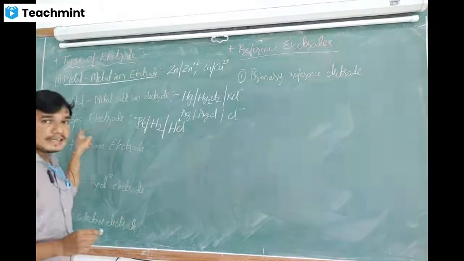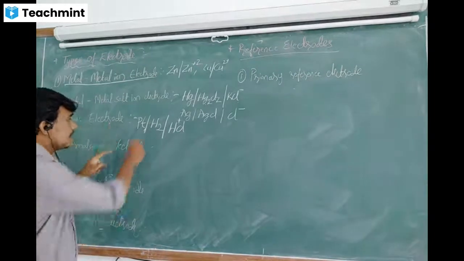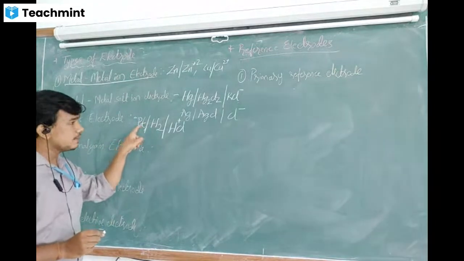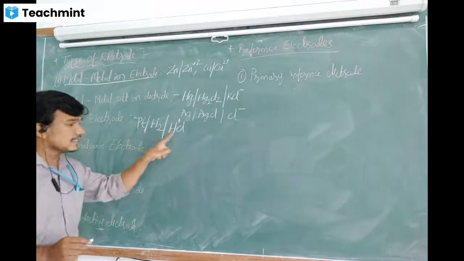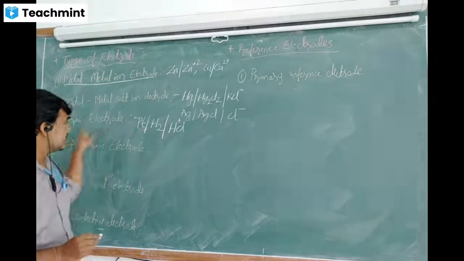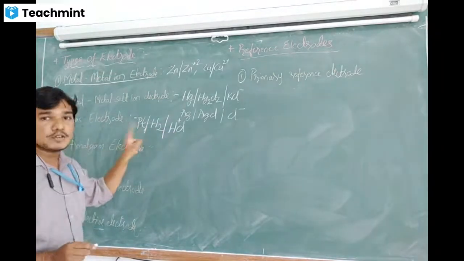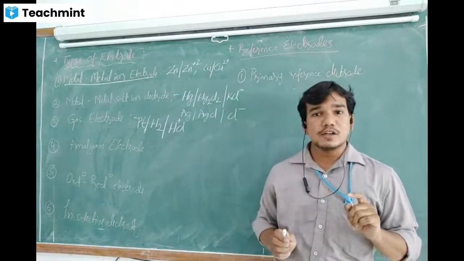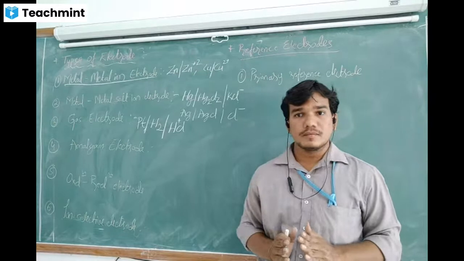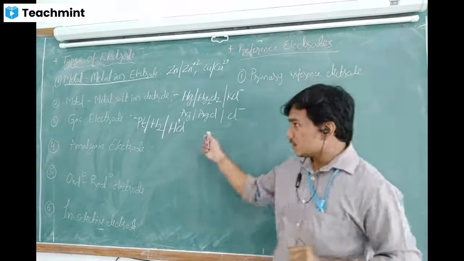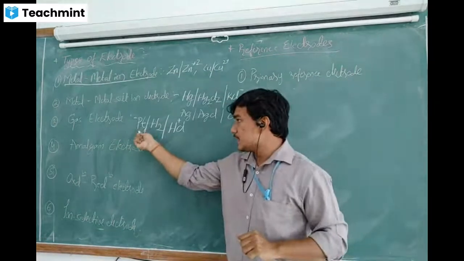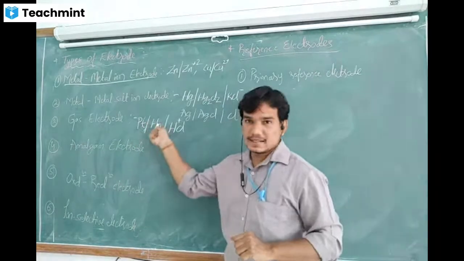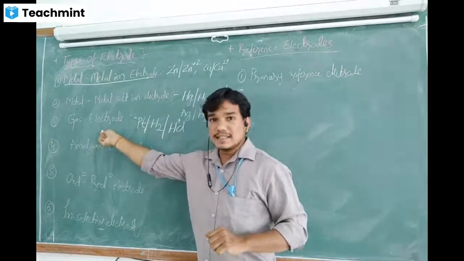A gas electrode consists of gas molecules, and an inert metal is dipped in the ionic solution of the gas molecules. An example is the hydrogen gas electrode. I think you know about SHE, the standard hydrogen electrode. So a gas electrode consists of an inert metal dipped in the ionic solution of the gas molecule, along with the gas.